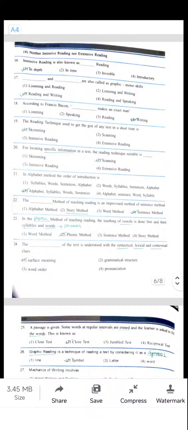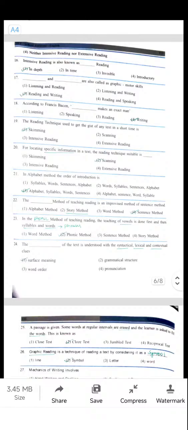Question 23: in the phonic method of teaching reading, the teaching of vowels is done first, then syllables and words. Later, what will come? Phrases. So which method is this? I already told you: first vowels, second syllables, third words.